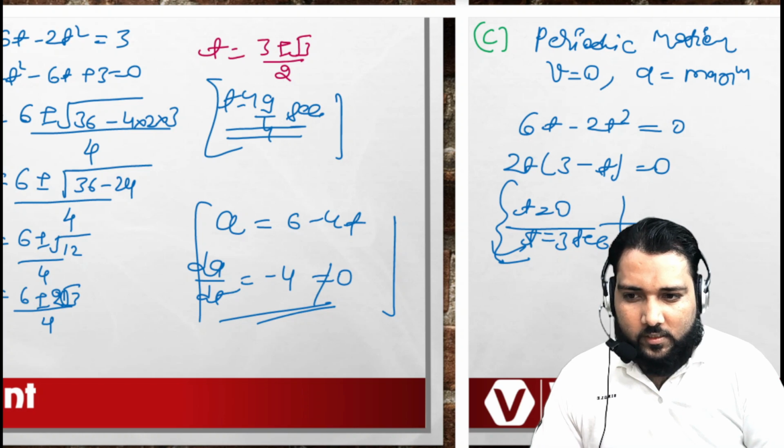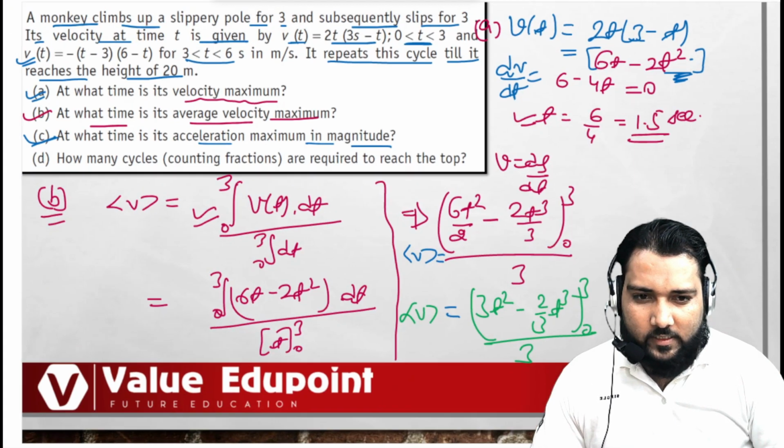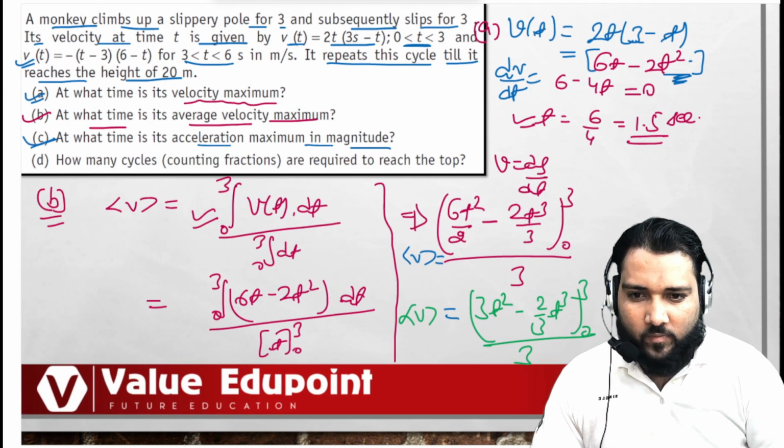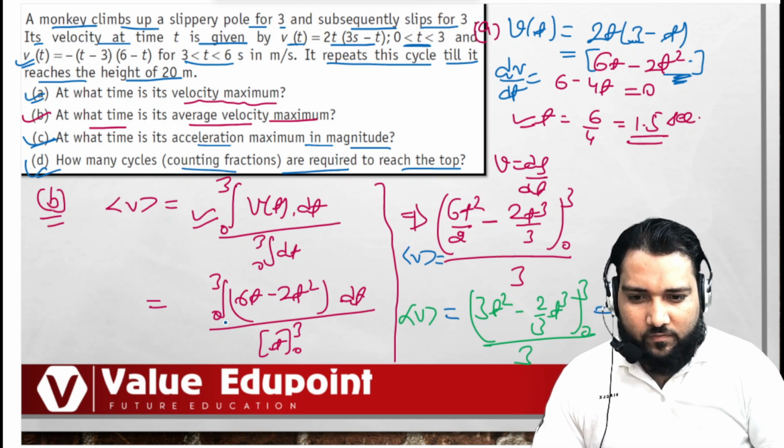Is it okay, guys? Now for the last part, the problem is how many cycles, counting factors, are required to reach the top. We have already calculated from 0 to 3 seconds the distance the monkey travels.